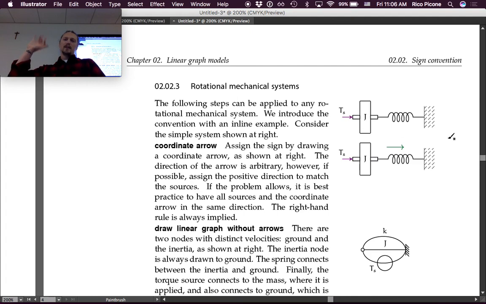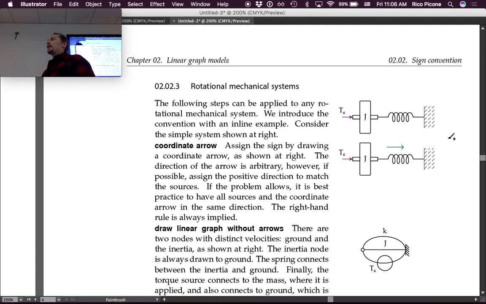Right hand, don't use your left hand, use your right hand. In the direction of the coordinate arrow means that rotations in this direction are positive. Okay? So that is our coordinate arrow.